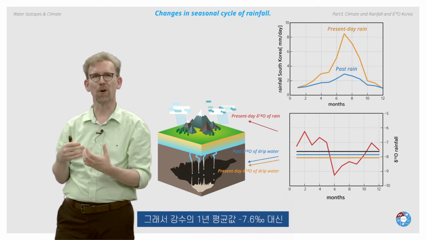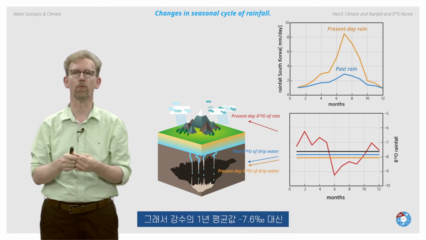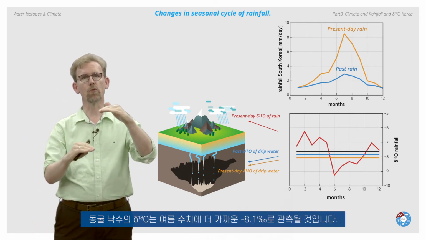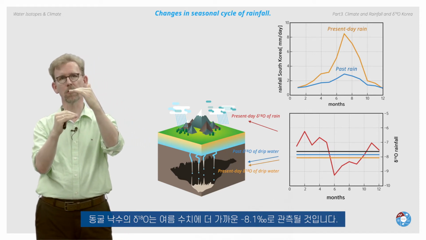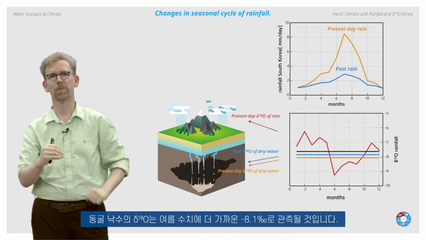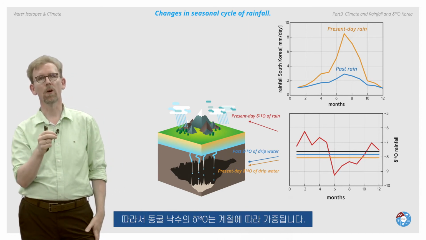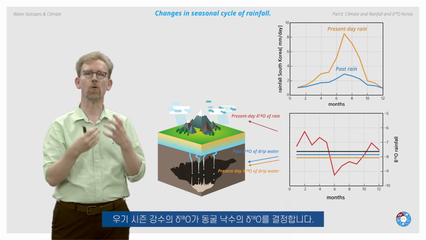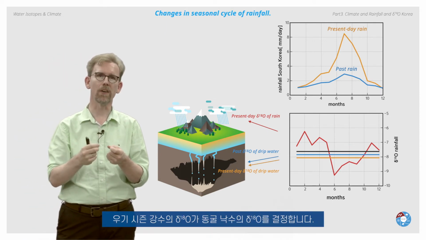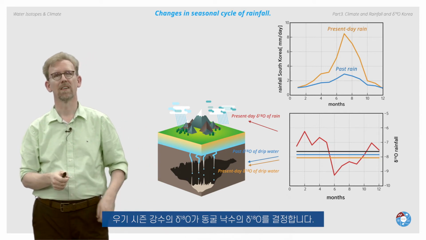So instead of a year average of minus 7.6 per mil of rainfall, we would see a drip water d18O of minus 8.1, much closer to the summer value. Drip water d18O is therefore seasonally weighted. d18O in rainy seasons will dominate the d18O of cave drip water.